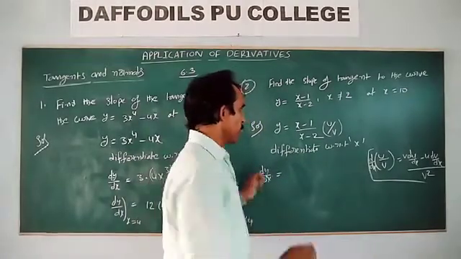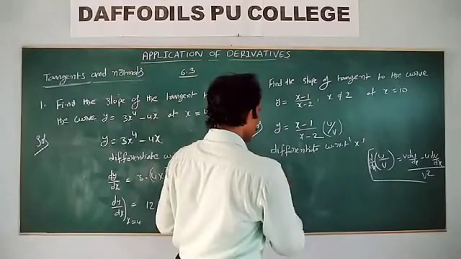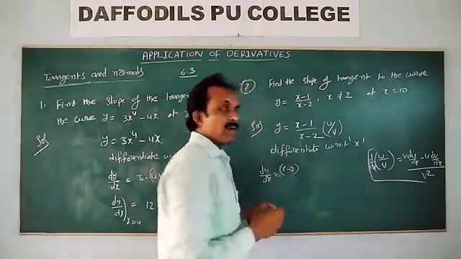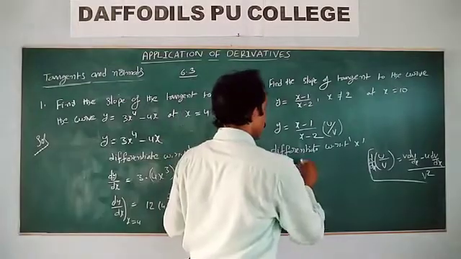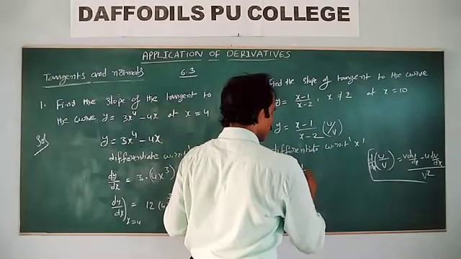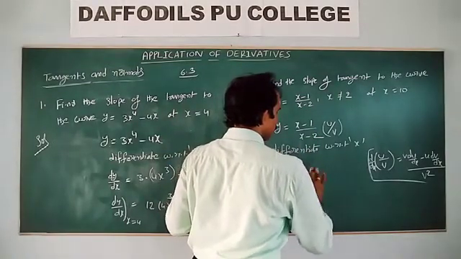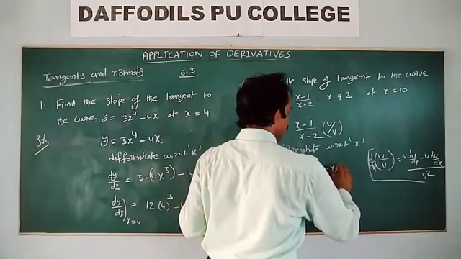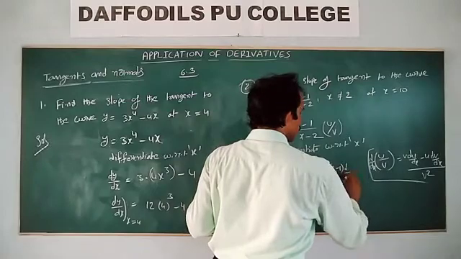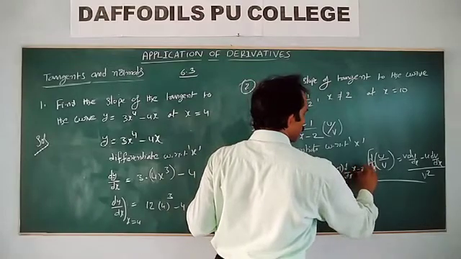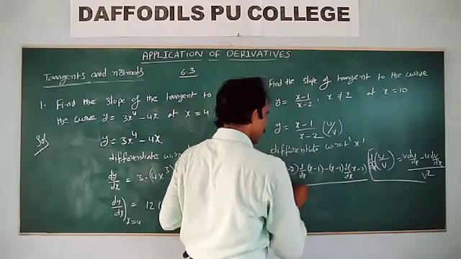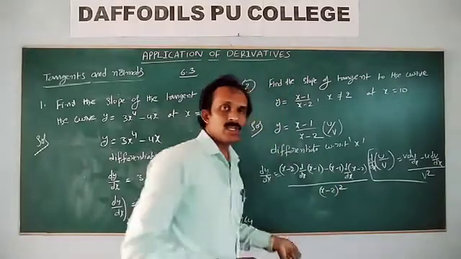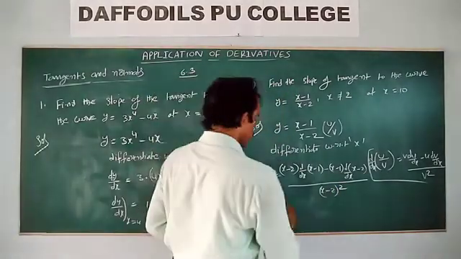Right. x minus 2 into d by dx of x minus 1, minus x minus 1 into d by dx of x minus 2, divided by x minus 2 whole square.